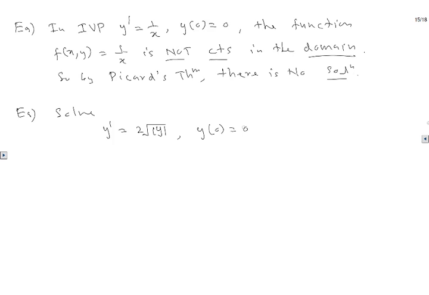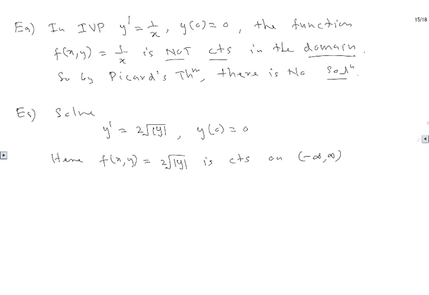Now what's the problem here? You can see that in this case the function is continuous. Here f(x,y), which is 2 square root of absolute value of x, is continuous on the whole set of real numbers.